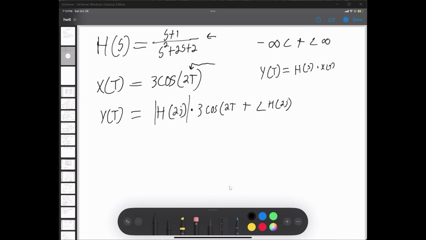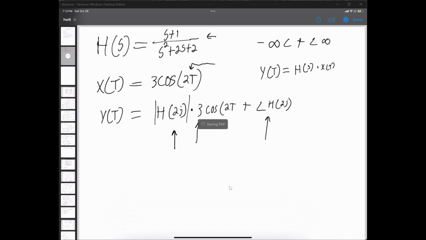So in your final answer, we need to evaluate the magnitude of the transfer function at that frequency to see how it affects our amplitude, how it affects this 3, and we need to find the phase angle at that frequency.